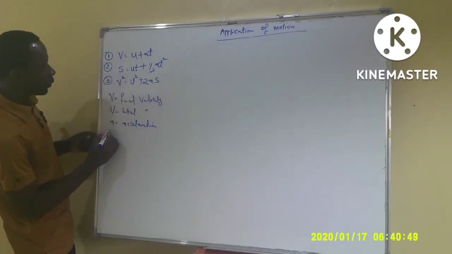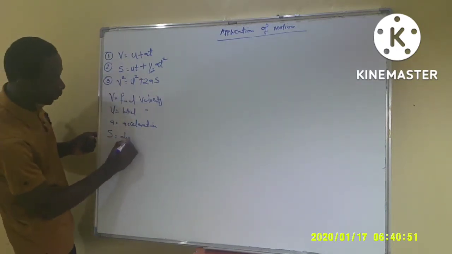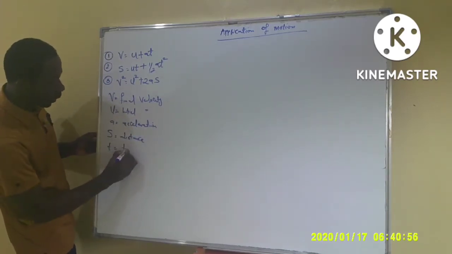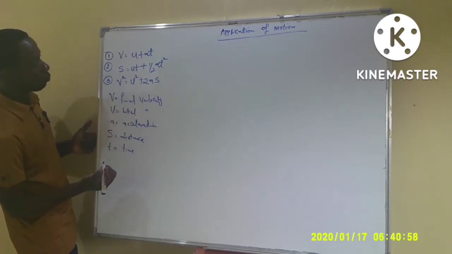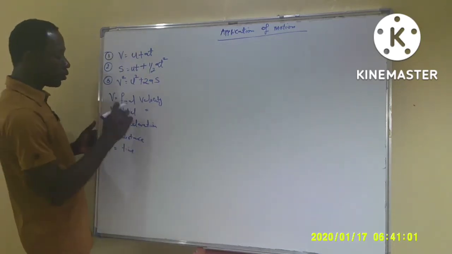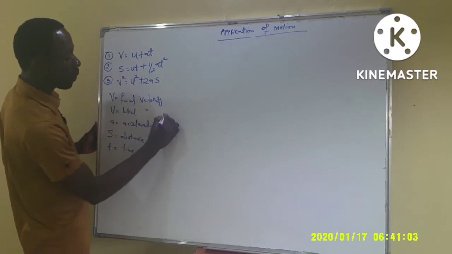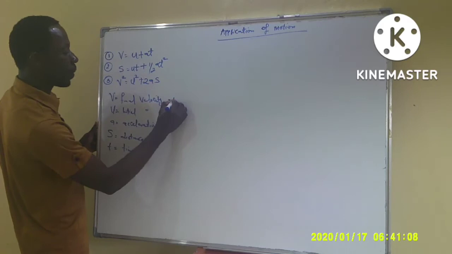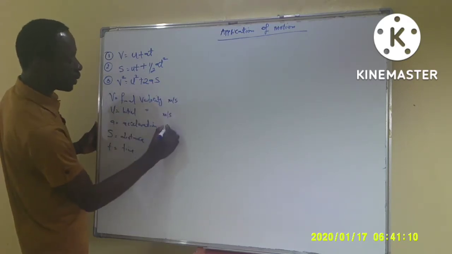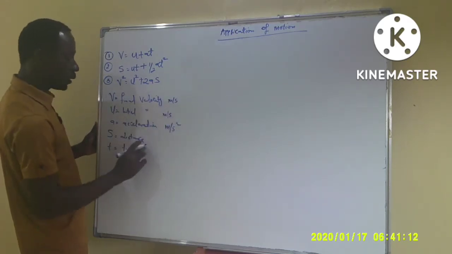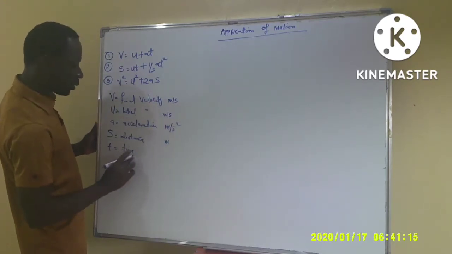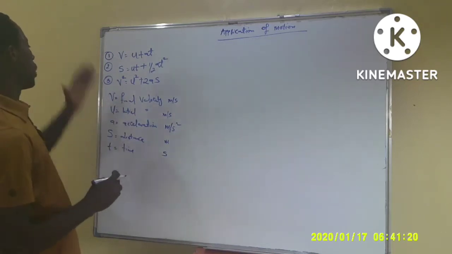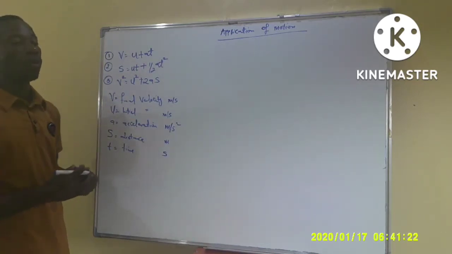Then x is the distance, and t is time. So the unit of the initial velocity is meter per second, the final velocity is also meter per second, the acceleration is meter per second squared, the distance is meter, and t, the time, is measured in seconds. These are just basic equations of motion you need to understand.